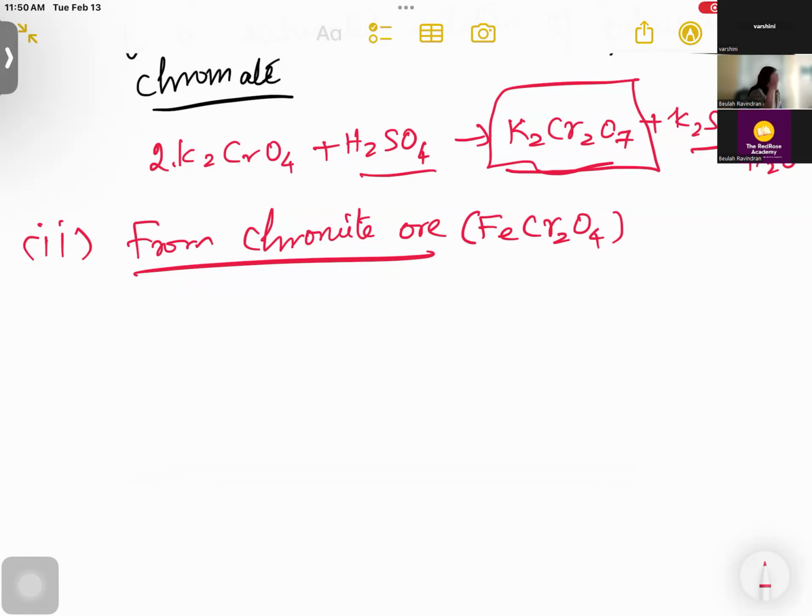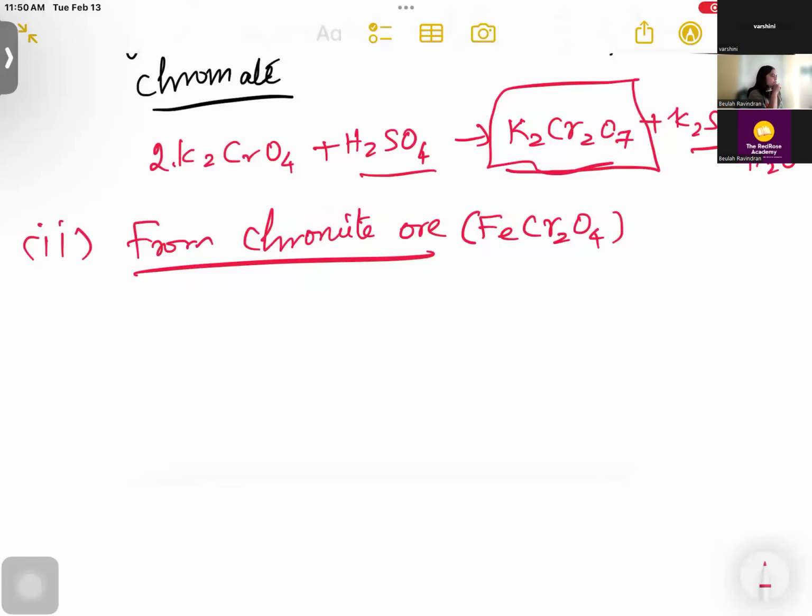The furnace is called a reverberatory furnace so that pollutants and other things do not enter it. There are many different types of furnaces, you know. So preparation of sodium chromate can be done in this way.